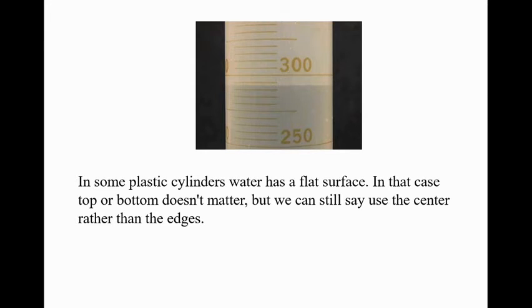If we were using plastic cylinders, you would not see that meniscus. That's because plastic is a nonpolar molecule and water is polar. Like attracts like, and these guys are not attracting each other. So we're just going to read right at the center. The calibration on this would be 5. That's the difference between 300 and 250 divided by 10.